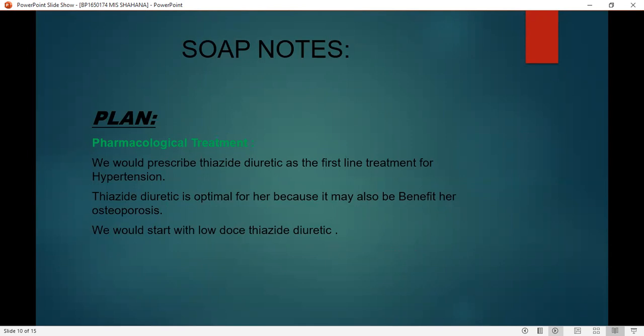We would prescribe a thiazide diuretic as the first line treatment for the hypertension, as thiazide diuretic is optimal for her because it may also benefit the osteoporosis and it's also inexpensive. We will start with a low dose thiazide diuretic because the duration of action of thiazide diuretic is prolonged, so therefore we are starting with the low or minimum dose.